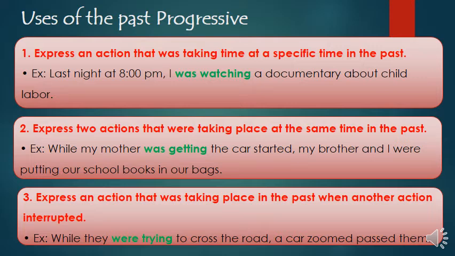So they were trying, and something interrupted the action, which is that a car zoomed. Usually the action which was happening first is expressed in the past progressive, and the action which interrupted the first one is expressed in the past simple.